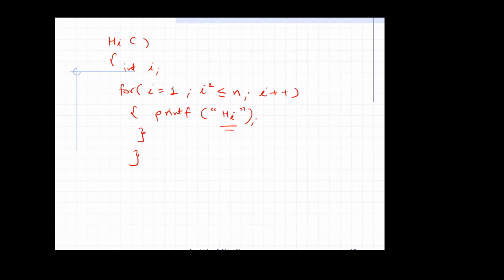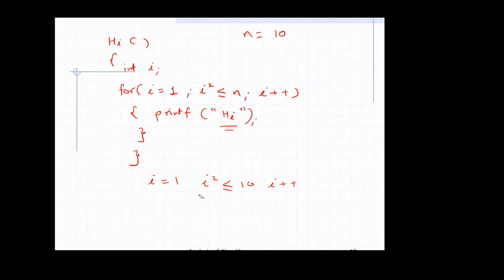Okay, so let's assume some value of n. Suppose n is 10. How is this for loop going to run? For example, the first value is i equal to 1. Then it is going to check whether i squared is less than or equal to n, where n is 10. If so, you increment.